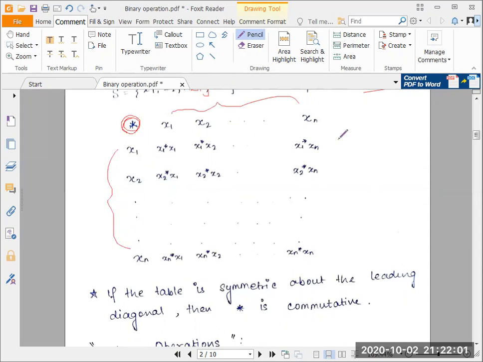Using this, we can see that a binary operation maps elements from the set S cross S to elements of the set S. For every row and column we have a pair of elements, for example x2, x2 or x2, x1, representing elements of S cross S. For every such pair we have a particular result corresponding to x2 star x1, or x1 star x1, or x1 star x2.